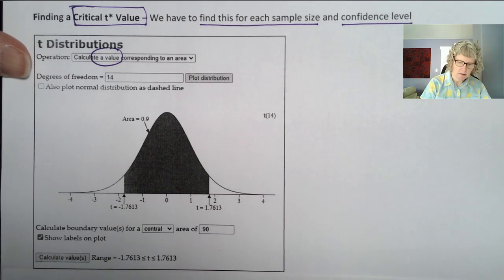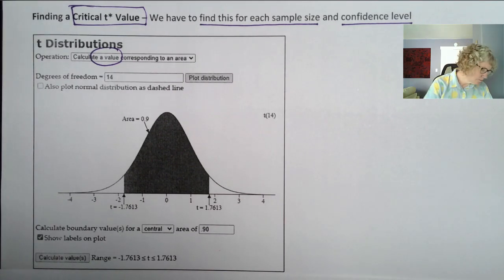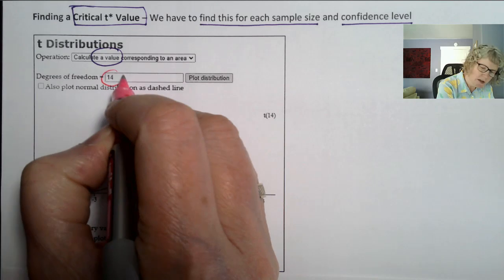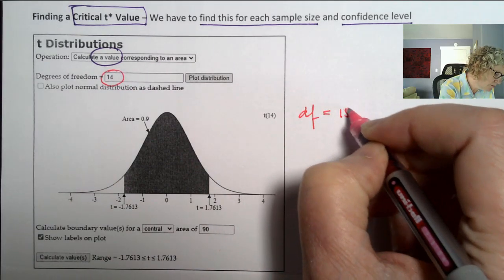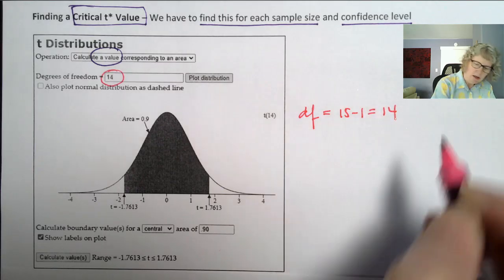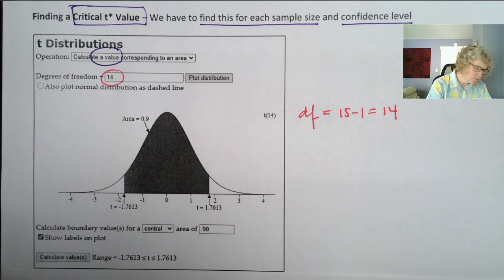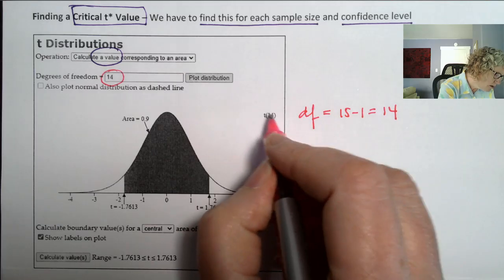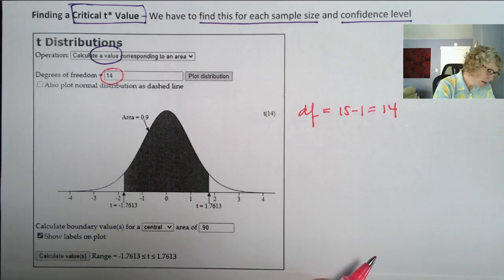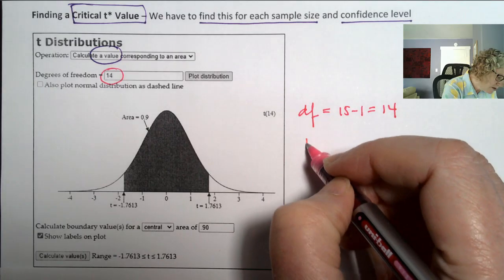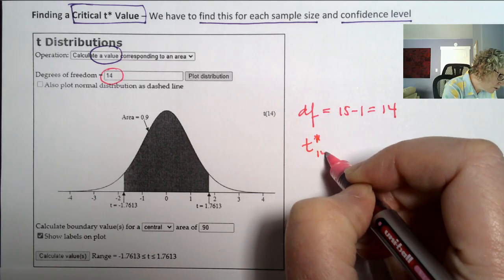Here we have degrees of freedom is 14, and remember that is 15 minus 1, which is 14. They put a little T14 there, and we did a central area of 90%, it was 1.7613, so we got the same thing. And that would be our T star 14.